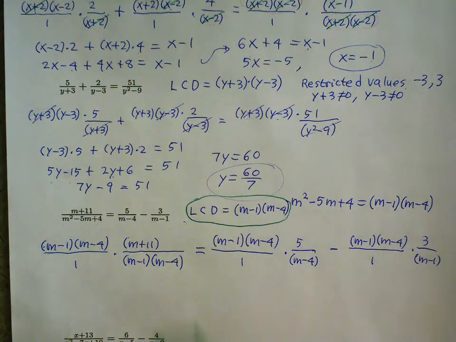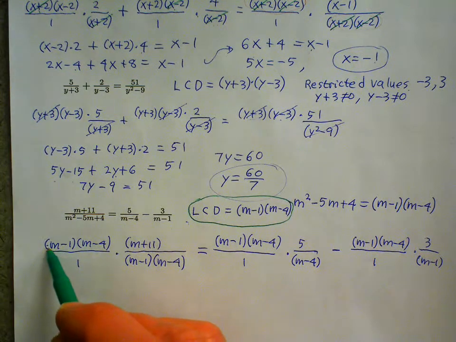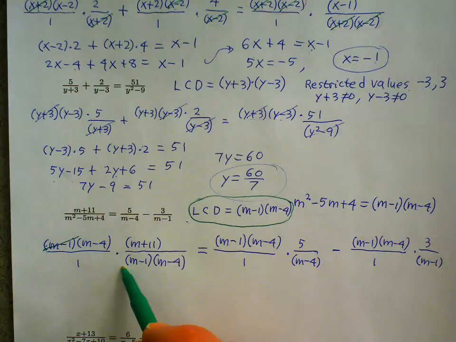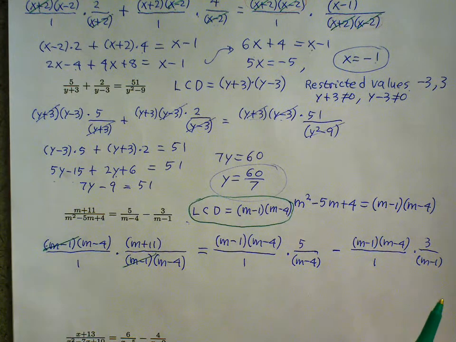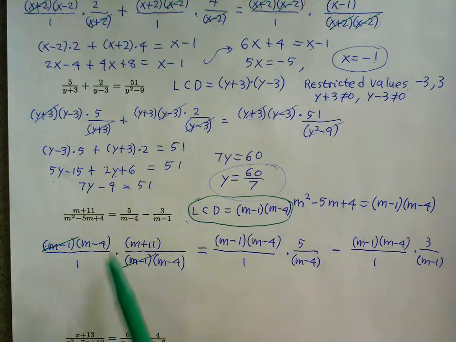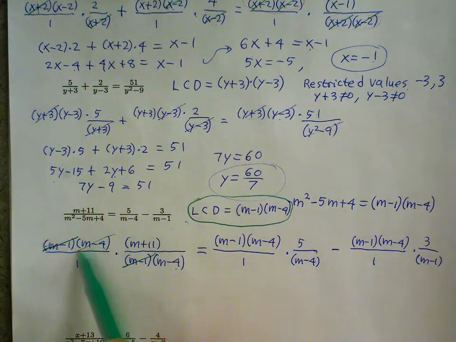Okay, we get cancellations in the product on the left-hand side. The factor M minus 1 from the numerator divided by M minus 1 from the denominator, those cancel each other out. And then M minus 4 divided by M minus 4 equals 1, so we cancel those out.